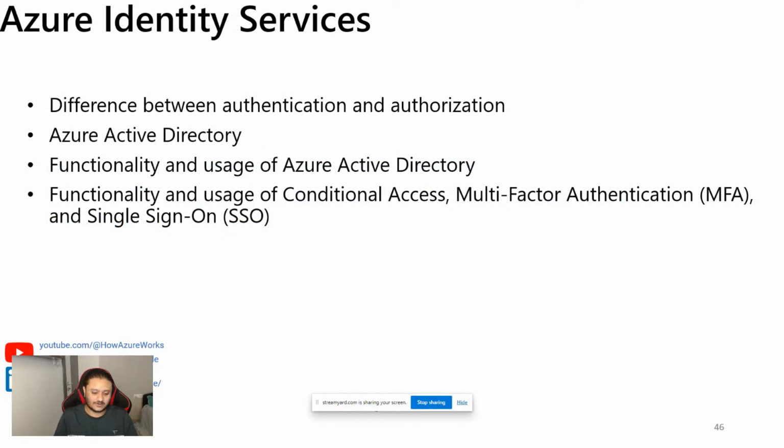What are the Azure identity services? If I talk about the difference between authentication and authorization, it's like this: you have the key, but there should be a lock that you can open with it. The same way you can define authentication and authorization. Authentication gives you access to the resources where you want to be.